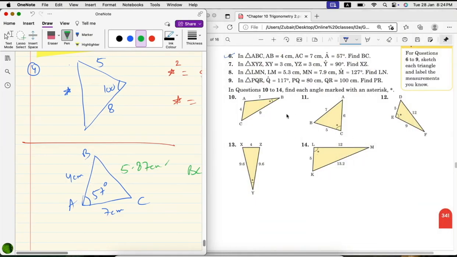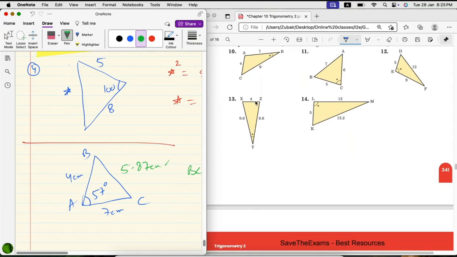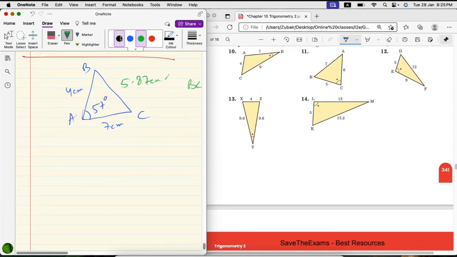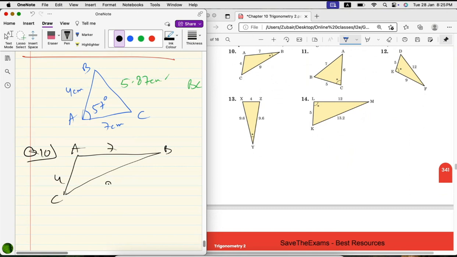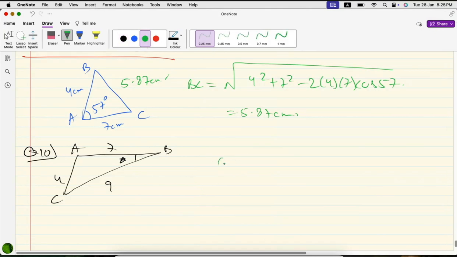Okay. So we have questions from 10 where the angle is missing. Question number 10. Now that would depend on your practice if you're comfortable writing it in straight line or making the angle subject of the formula. This is A, B, C, 4, 7, 9, and the missing angle is at B. So if you are working for cos B, it is other 2 squared minus B side squared over 2 into other 2.